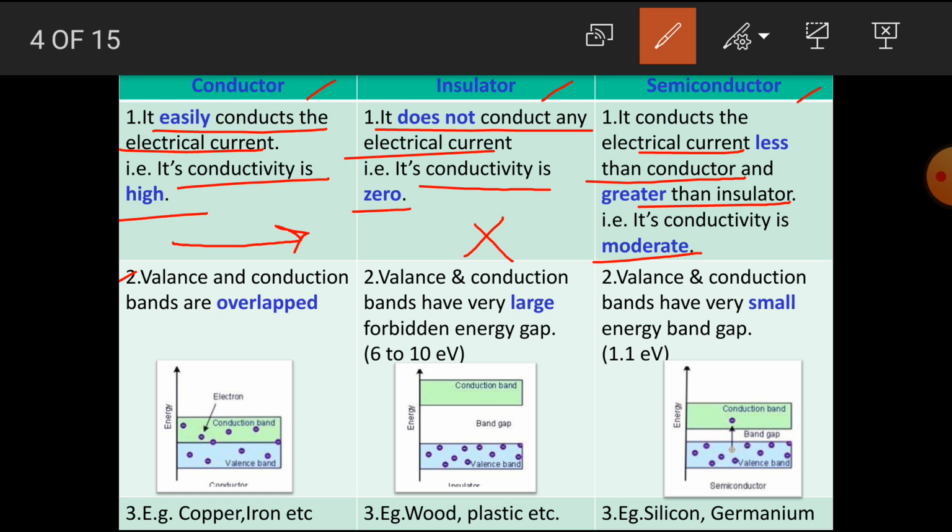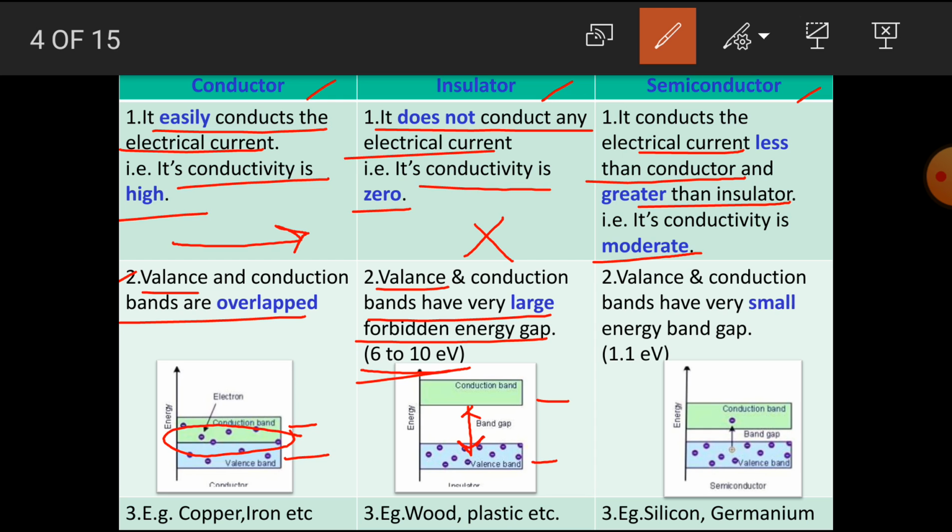The second difference is, in a conductor the valence and conduction bands are overlapped. Here is the valence band and here is the conduction band. These two bands are overlapped with each other. In an insulator, the valence and conduction bands have a very large forbidden energy gap, near about 6 to 10 electron volt.